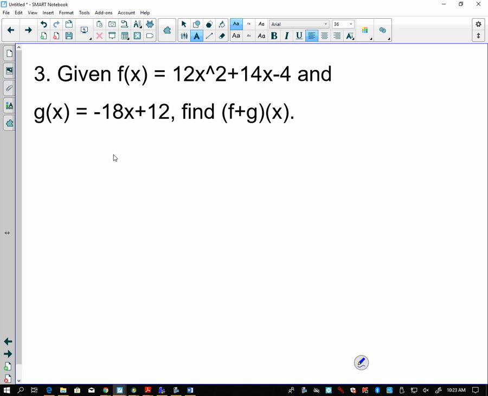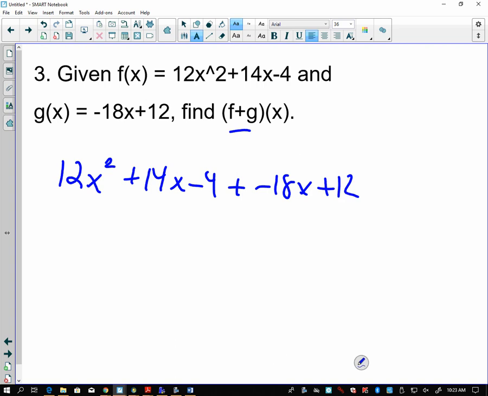Add it. Yes, because we're just looking right here. I think you're thinking of f of g of x, where we would take a function and input it into the x value of something else, right? We're not doing that here. So John's absolutely right. We're taking 12x squared plus 14x minus 4 and adding to it negative 18x plus 12.